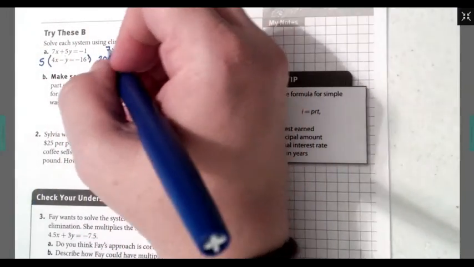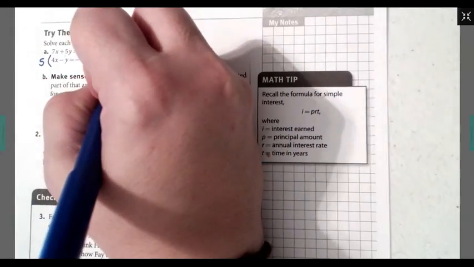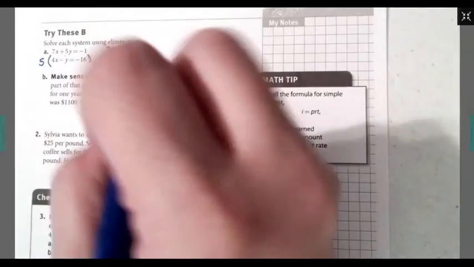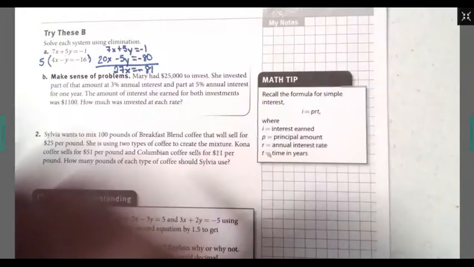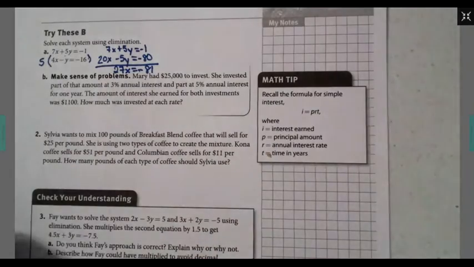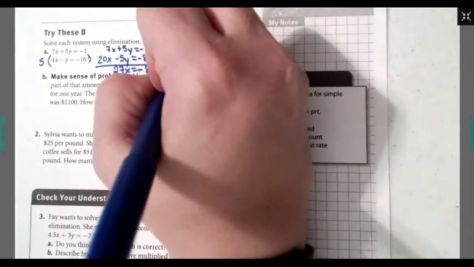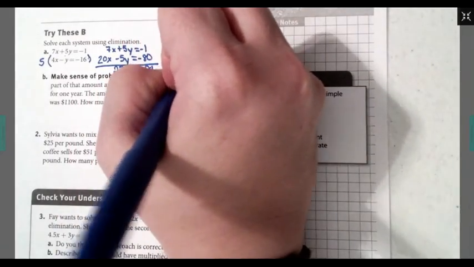When we add those together, we get 27x equal to -81. When we divide, that's going to give us x equals -3.